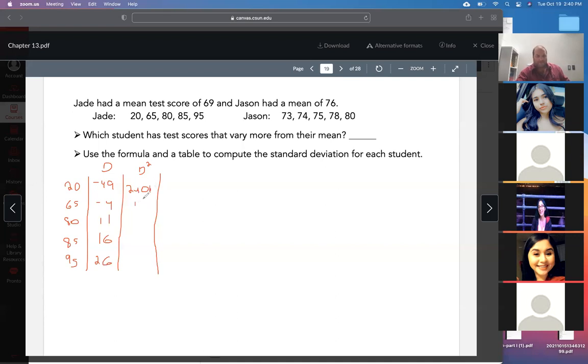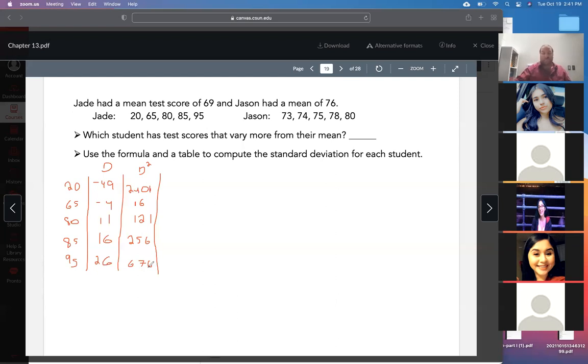16. Next one. 121. Good, next one. 256, and next one. 676. Great. And now, what do we do with these 5 numbers? Add them. And what do we get?